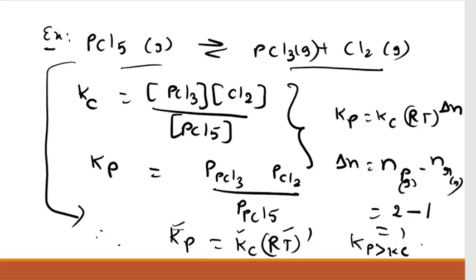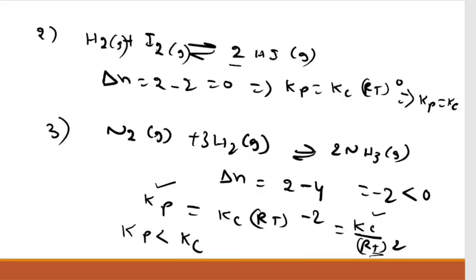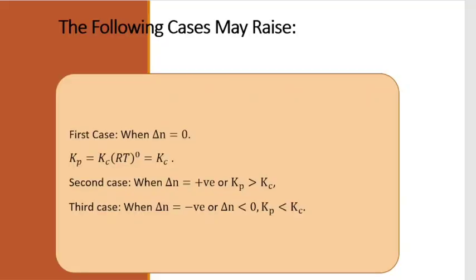So, Kp is greater than Kc if delta N is greater than 0, Kp is equal to Kc if delta N is equal to 0, and Kp is less than Kc if delta N is less than 0. Here is the conclusion. If delta N is equal to 0, Kp is equal to Kc. If delta N is positive, Kp is greater than Kc. If delta N is negative, then Kp is less than Kc.